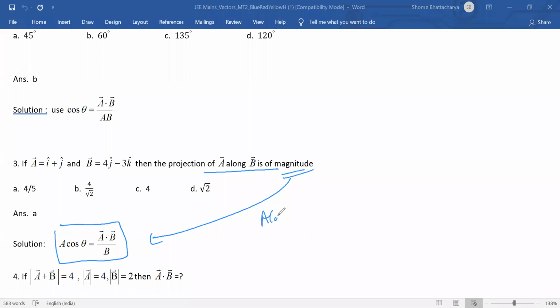So A cos theta, which is the parallel component's magnitude, is A dot B divided by magnitude of B. So A dot B you can see from here is 1. And magnitude of B you can see is 5. Oh, sorry, this is 4.